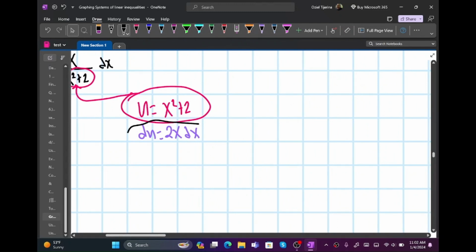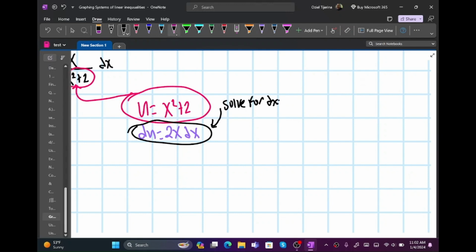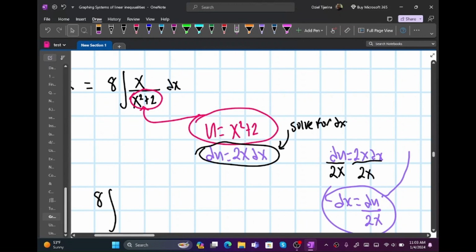So du is 2x dx, but we're going to solve for dx here. We're just going to divide both sides by 2x to do that. And so then we end up getting that dx is du over 2x. That's what we're going to put in for dx.